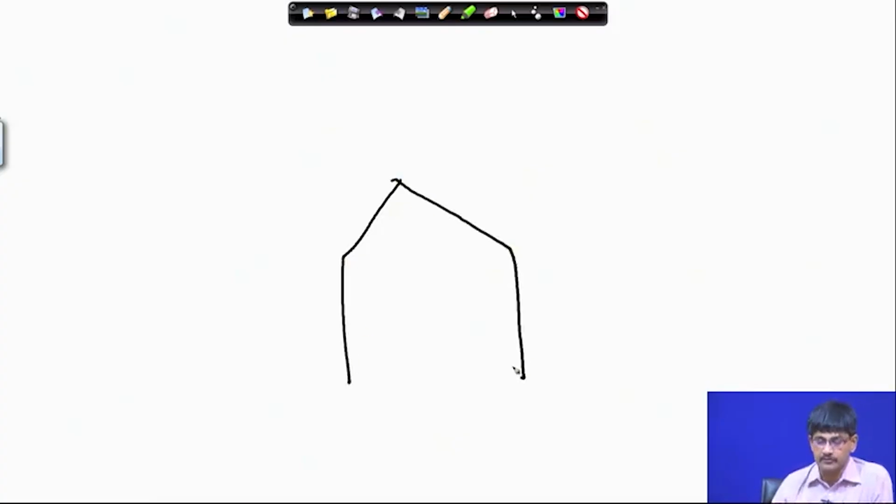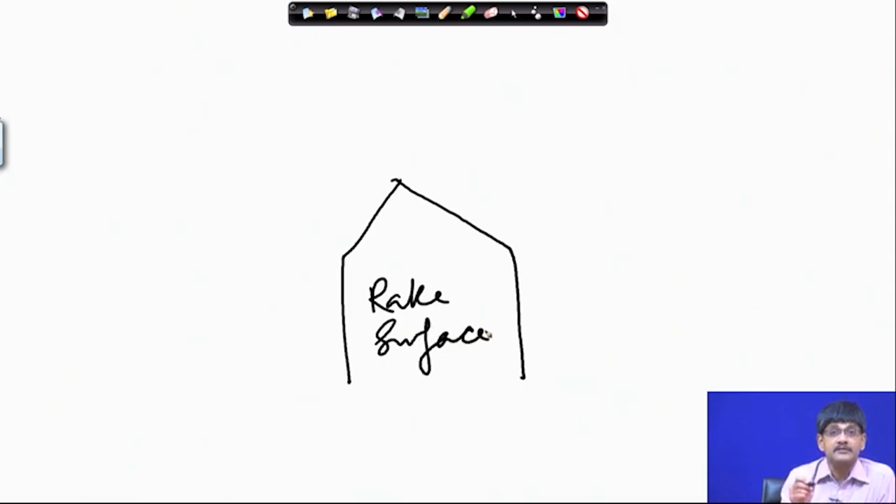We are looking at the tool from the top. Therefore, this is the rake surface. Where is our job? The job is on this side.